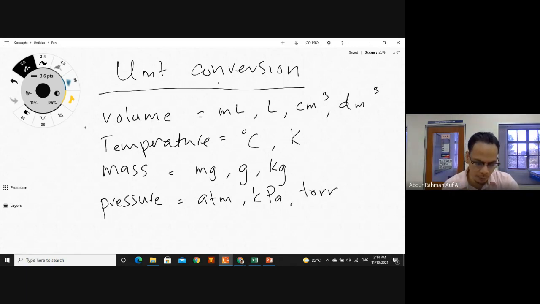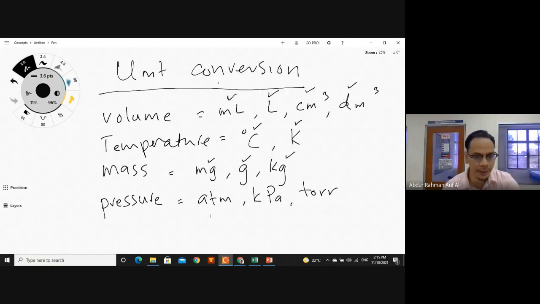So you need to have a strong foundation in performing calculations using these parameters. So for example, volume, isi padu. Kita measure the volumes dalam unit milliliter, liter, centimeter cubic and decimeter cubic. Kalau temperature, we convert between degree Celsius and Kelvin. Mass, berat, jisim, we use milligram, grams and kilograms.